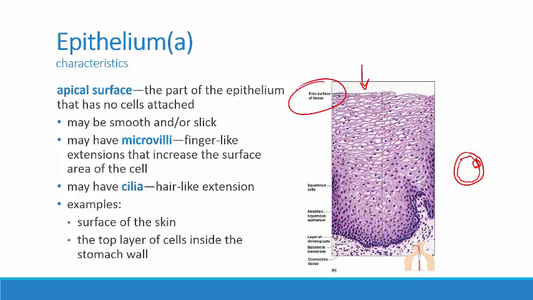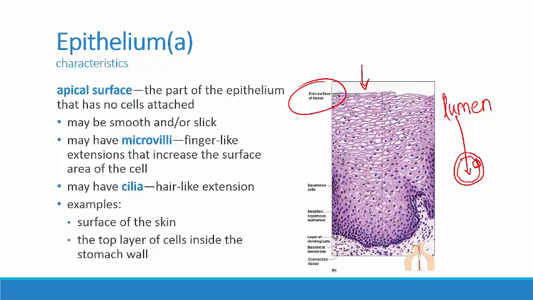So the free surface, or the apical surface, is here, and it faces into the hollow of the trachea, not trachea, of the esophagus. There we are. Sorry about that. We talk about that hollow space as the lumen, by the way. So it lines and faces toward the lumen of the esophagus.